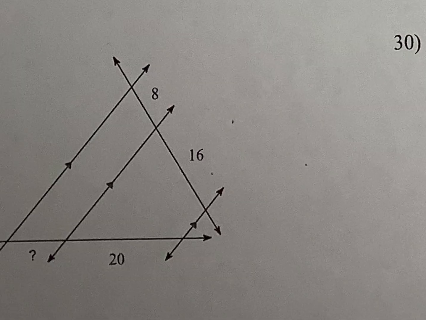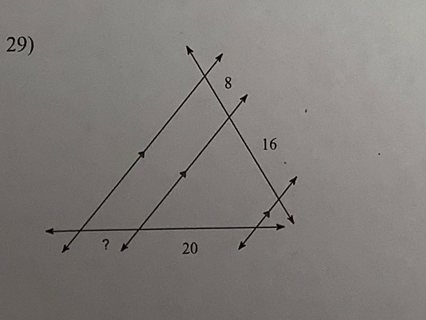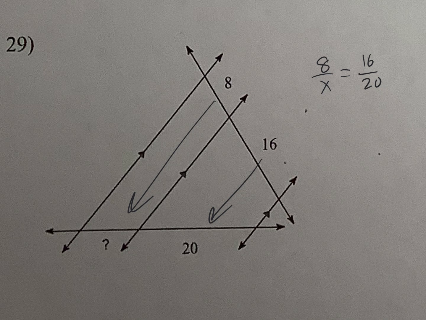And look at 29. They don't have any whole pieces here, so we're going to do all the parts. 8 is to x, as 16 is to 20. Cross multiply. X is 10.